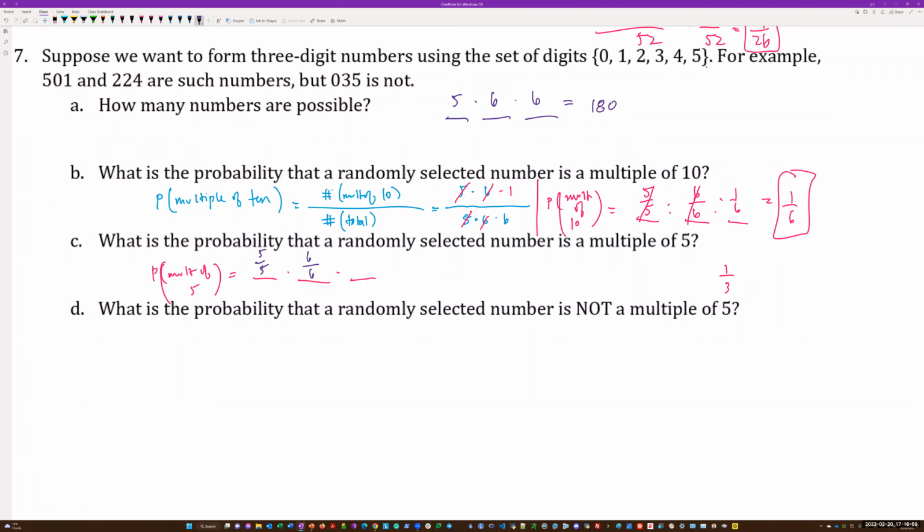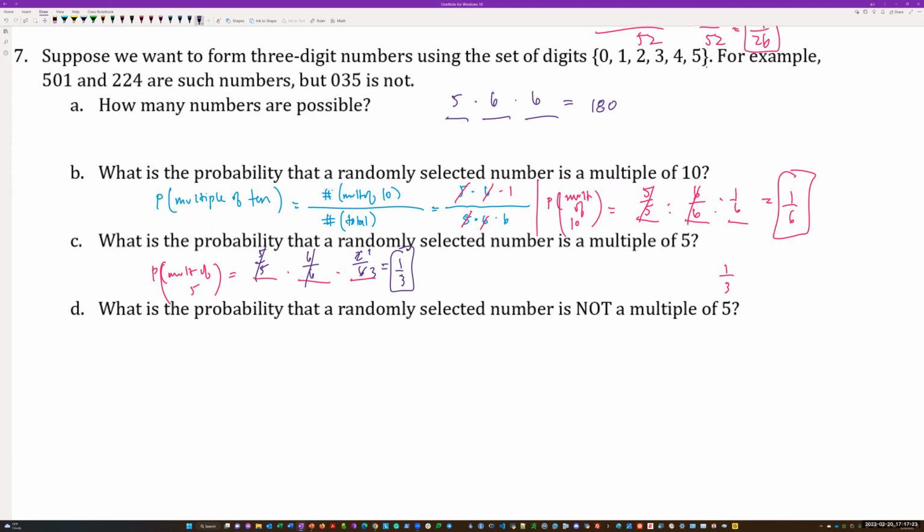Good, right? What about the third one? 2 out of what? 6 is correct. Does that make sense? So then we end up getting 1/3. Does that make sense?